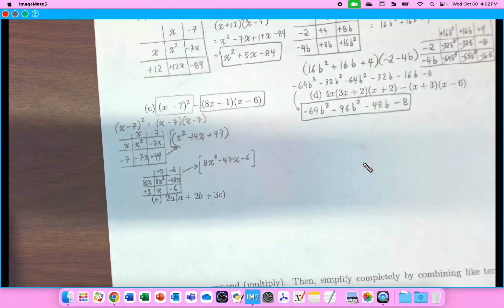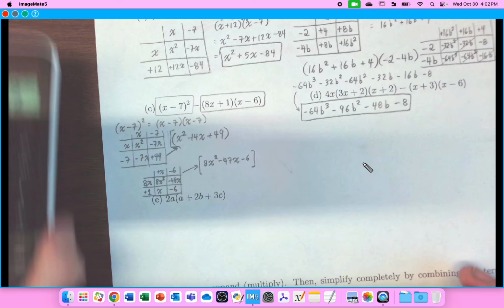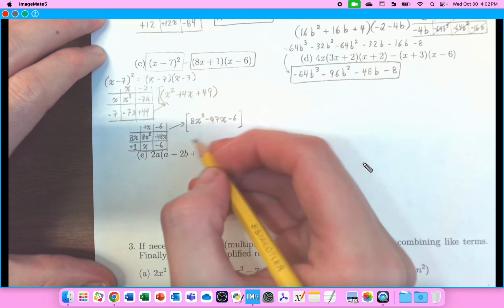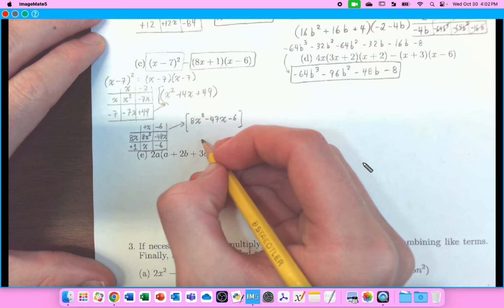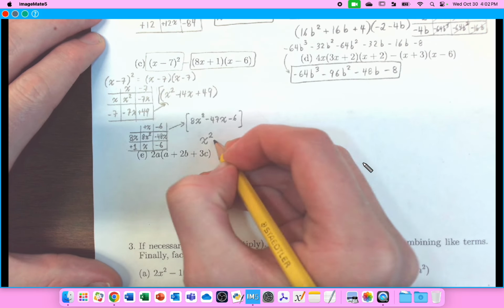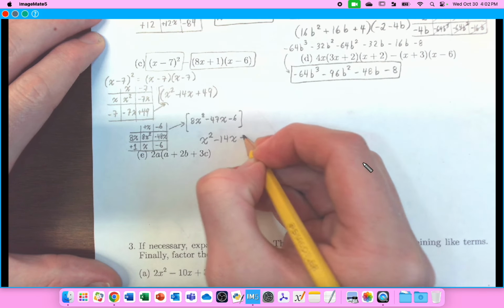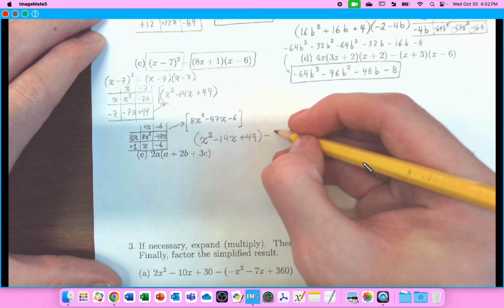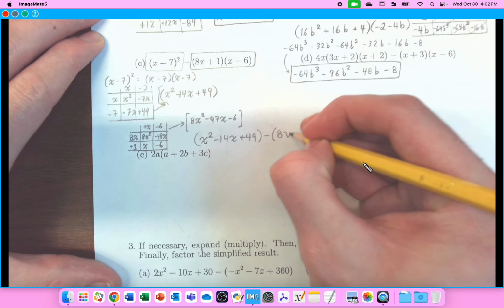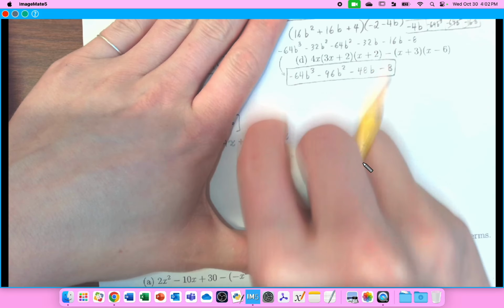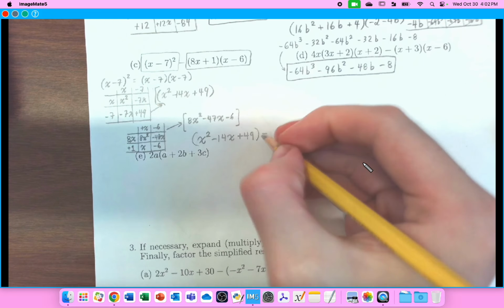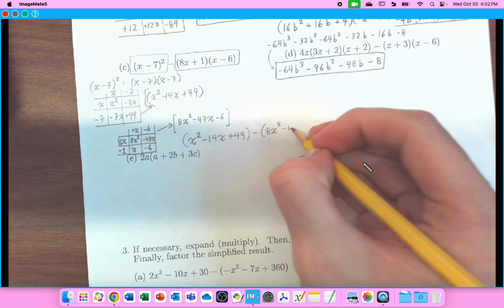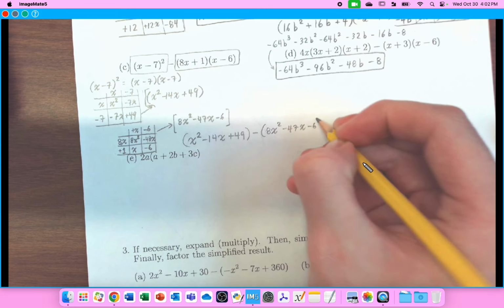So basically, all in all, I have this thing, which is x squared minus 14x plus 49 minus 8x squared minus 47x minus 6.